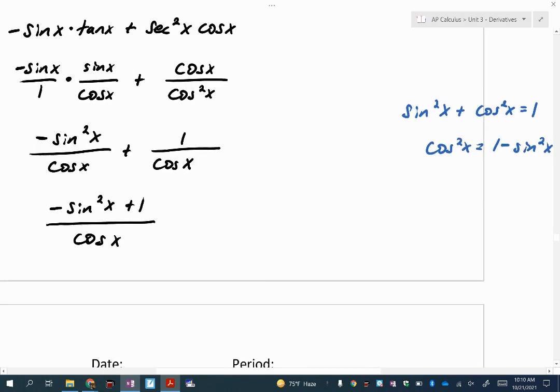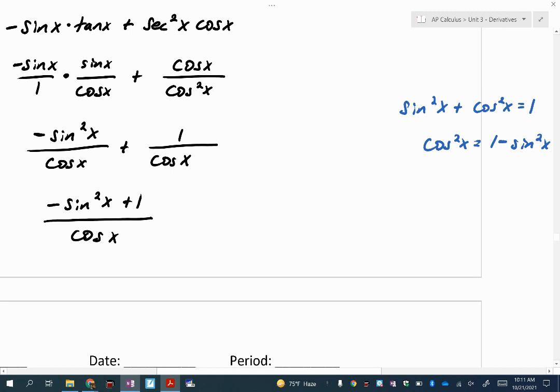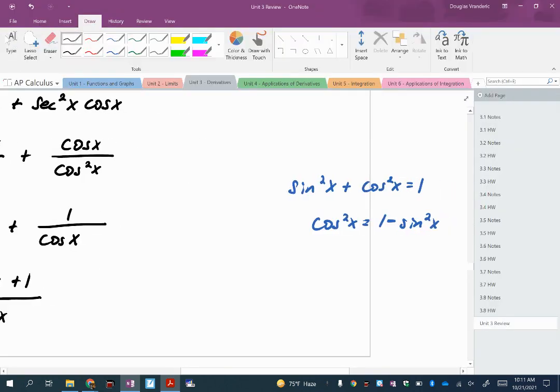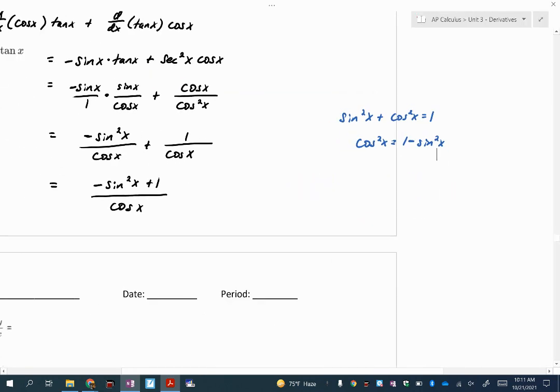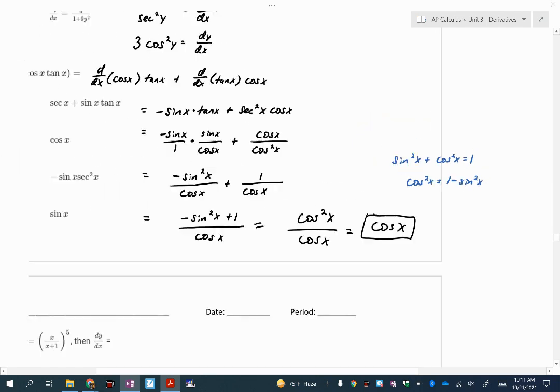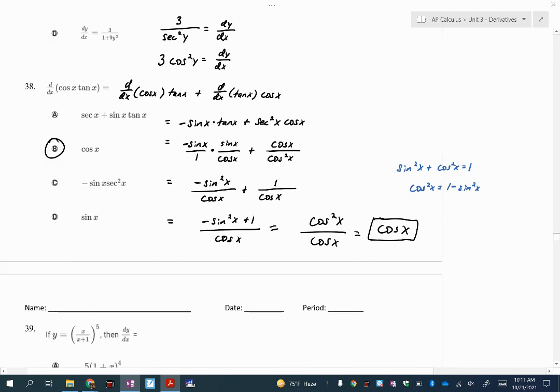So I can replace this numerator, which is the same, just in a different order. The sine squared is negative, the 1 is positive. I can replace the numerator with cosine squared. And cosine squared x divided by cosine x is just cosine x. So all of that became just cosine of x.